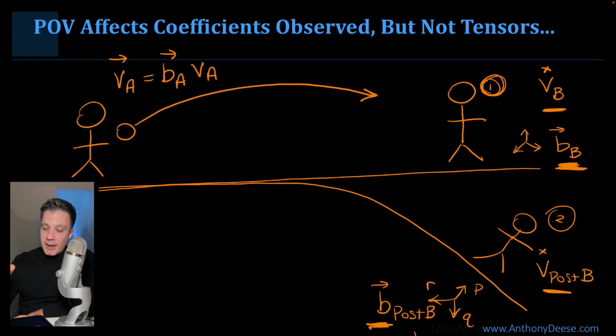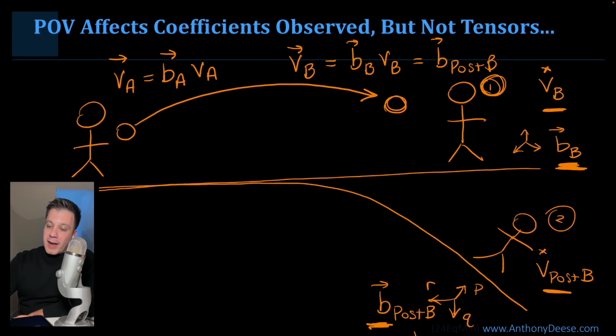But the fundamental motion of the ball on the secondary side, which we're going to call V_B arrow hat, is unchanged, right? The difference in their orientations and their points of view does not affect the true value of the velocity of the ball after that small time step. And so what we see is that that is equal to B sub B arrow hat times V_B, which is equal to B post B arrow hat times V post B. And neither of these have arrow hats.